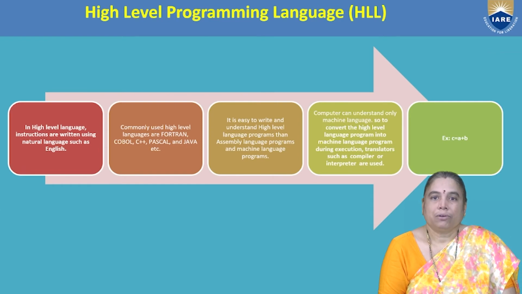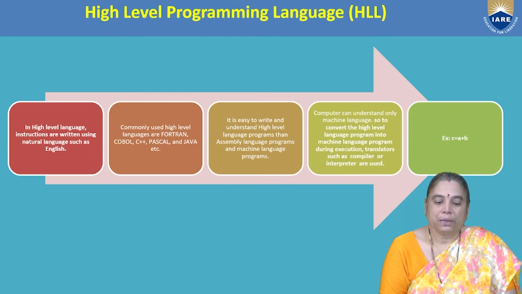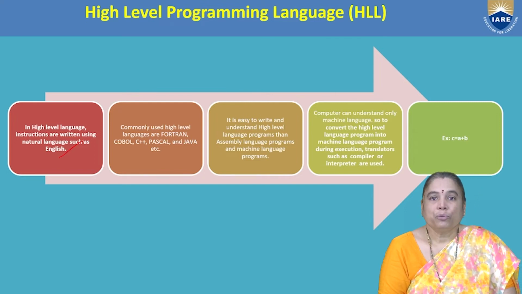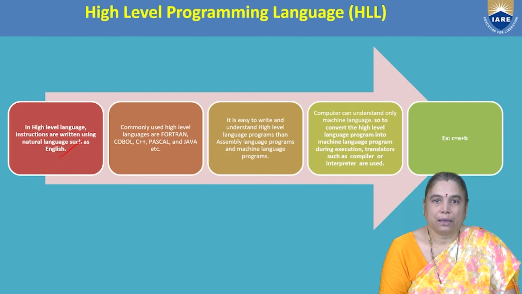The next category of levels of programming language is high-level programming language. High-level programming language instructions are written using natural language such as English. So human understandable languages are generally considered high-level programming languages.